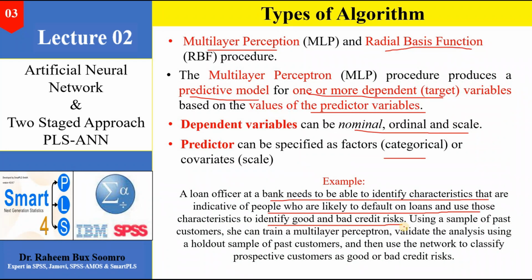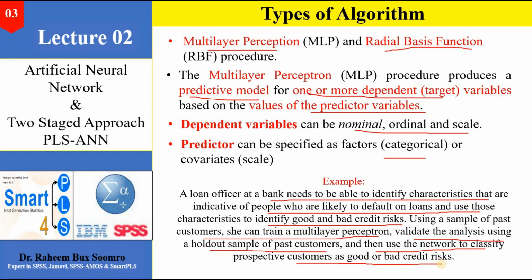If the bank officer wants to identify the credit risk, then this algorithm can be used. Using a sample of past customers, she can train the multi-layer perceptron, validate the analysis using a holdout sample of past customers, and then use the network to classify a prospective customer as a good or bad risk.